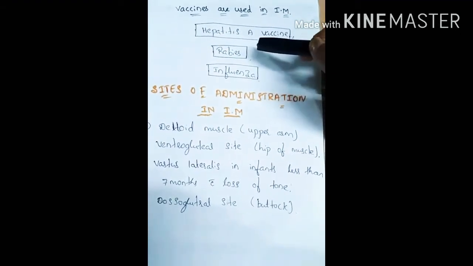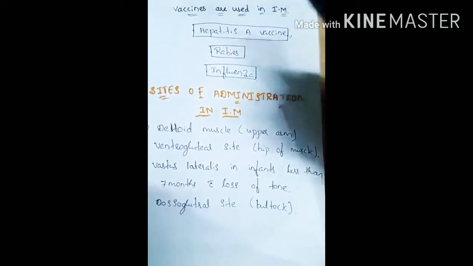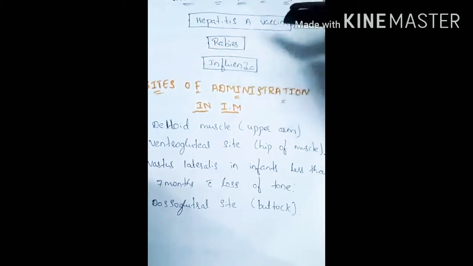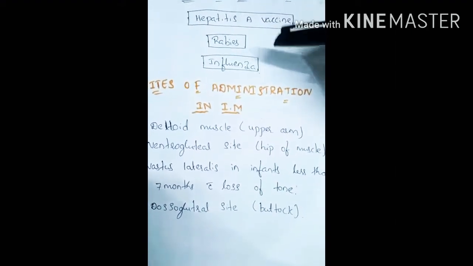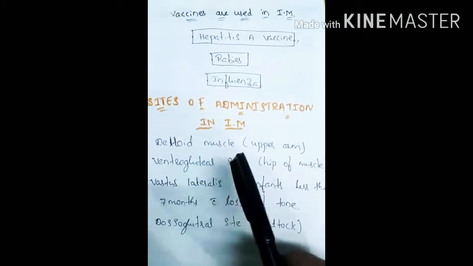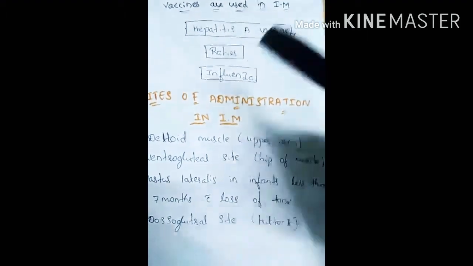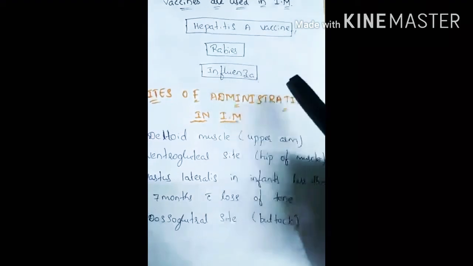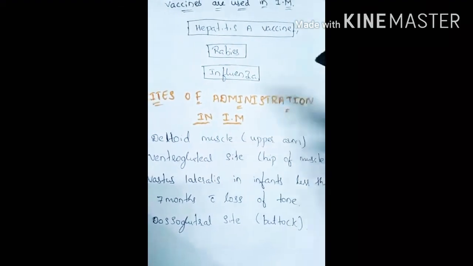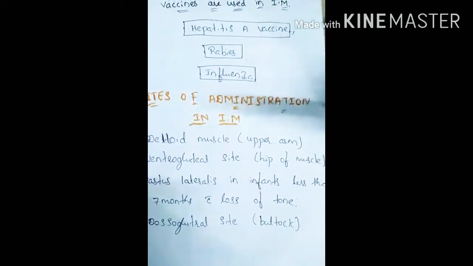Why do we choose the hepatitis A vaccine? Hepatitis A is a highly contagious liver infection caused by the hepatitis A virus. It spreads from contaminated food or contaminated water.